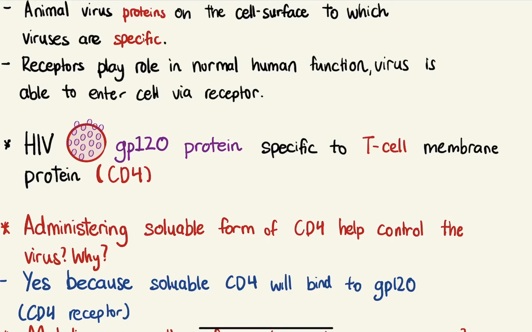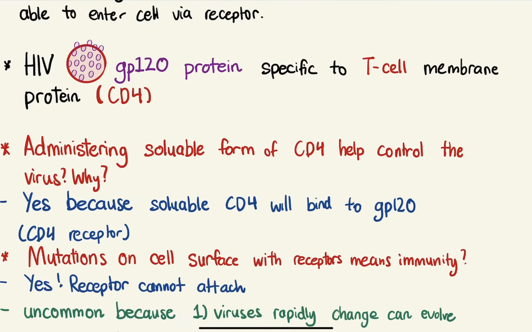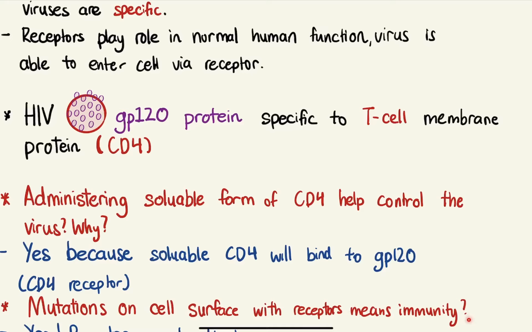And now that the receptor is bound, it can't go and infect the host cell. So it's slowing down the process massively. Mutations on the cell surface with receptors means immunity? Well, think about it again. If the virus doesn't have the ability to attach onto the host cell, it's obviously not going to cause the infection.